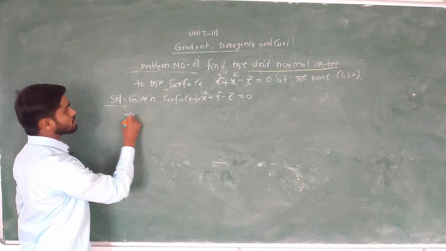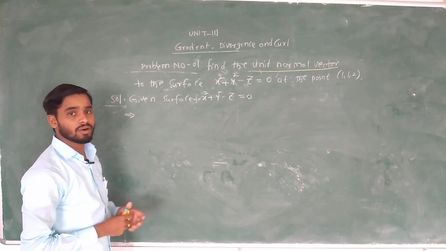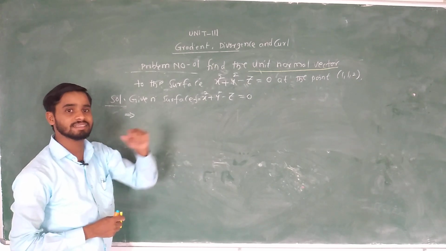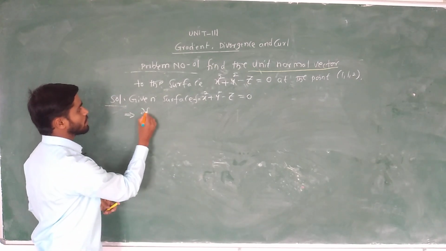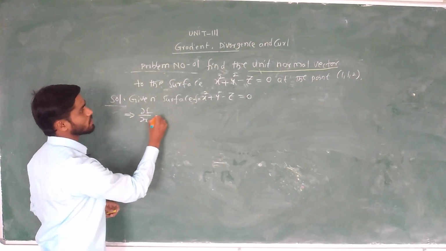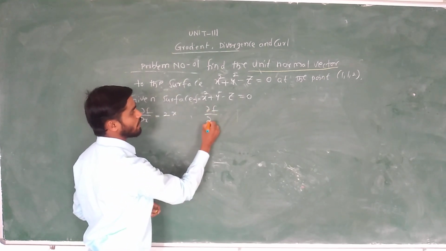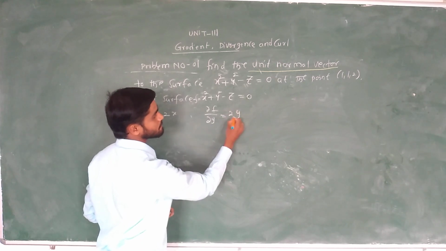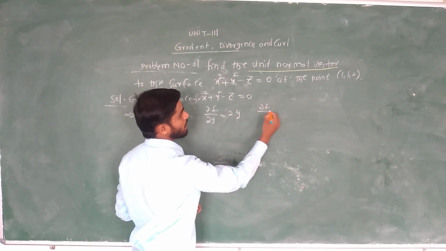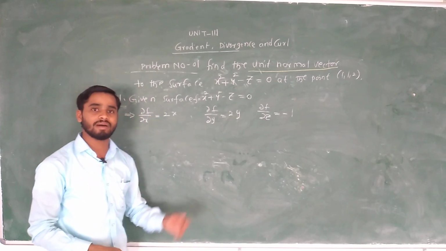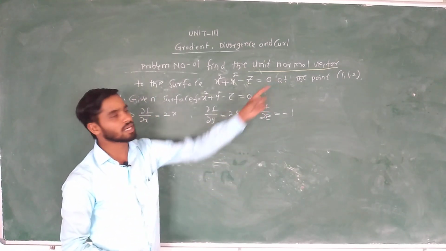So compute the partial derivatives of this surface over x, y and z. That will be dou f by dou x is equal to 2x, dou f by dou y is equal to 2y, and dou f by dou z is equal to minus 1. But we need to evaluate at the point 1, 1, 2.